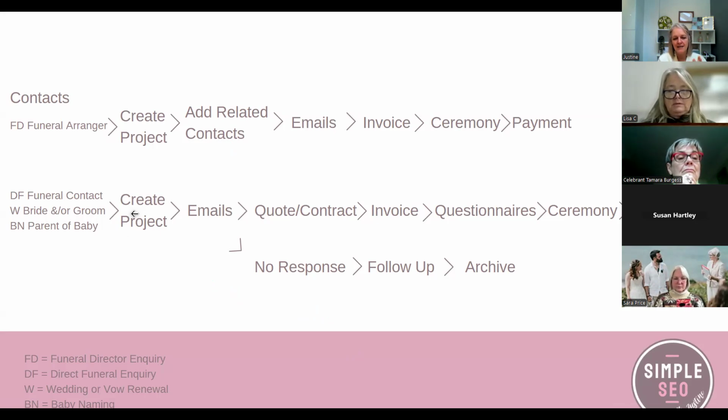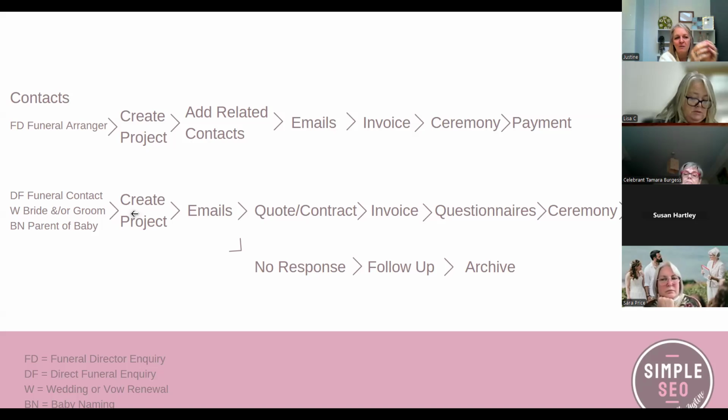The way you set up on 17 Hats is you work from your initial contact. The contact is the person you're going to be invoicing. So for funerals, the person you're going to be invoicing may well be the funeral director or the funeral arranger.